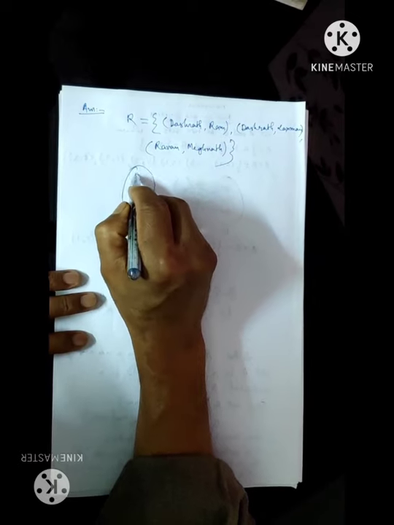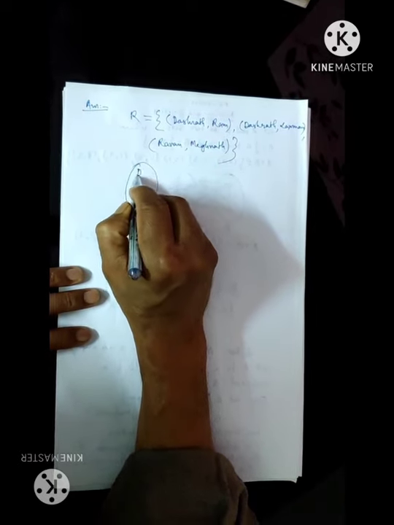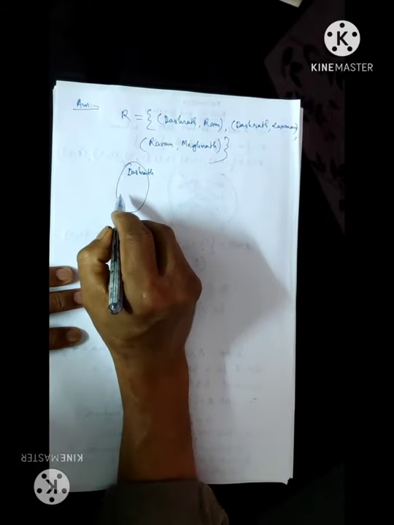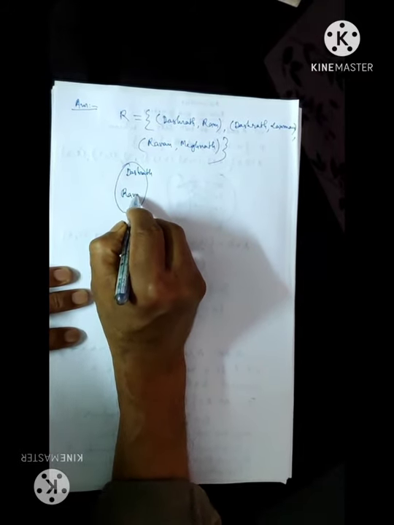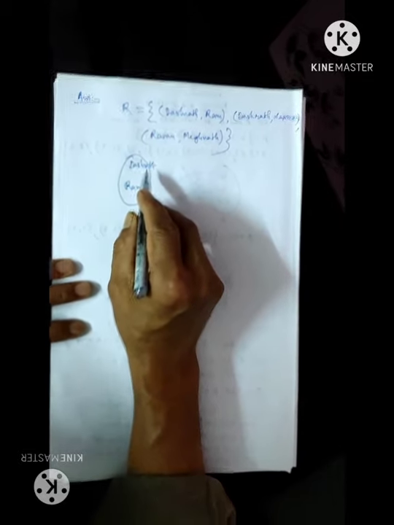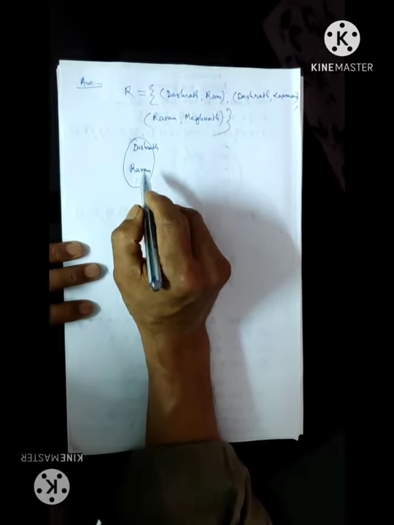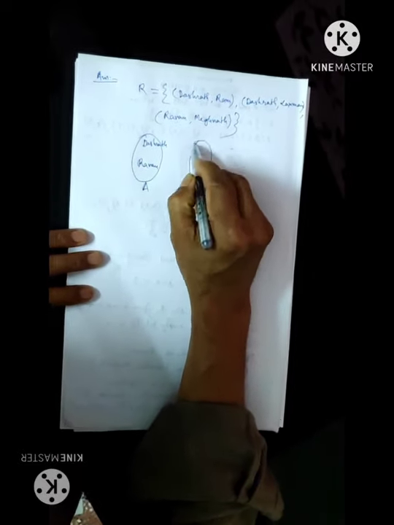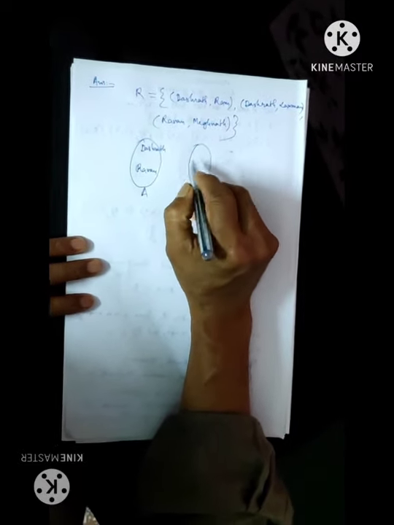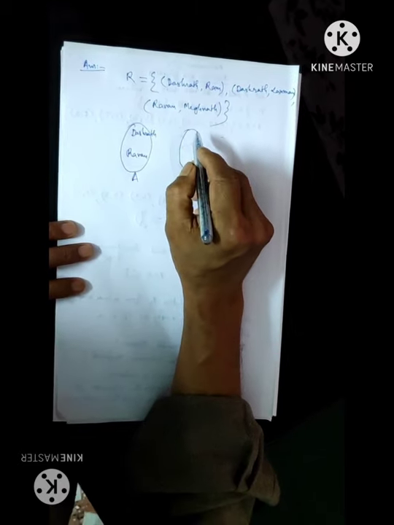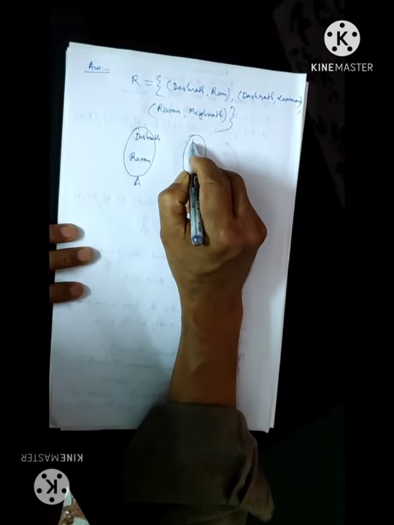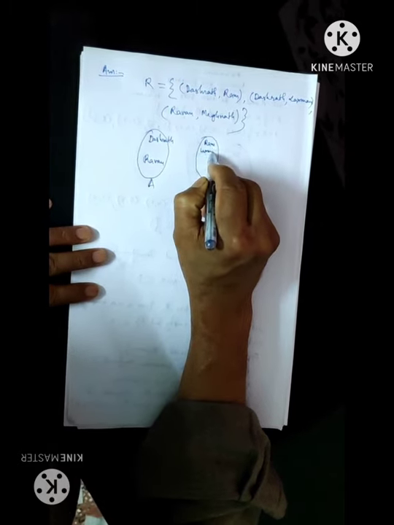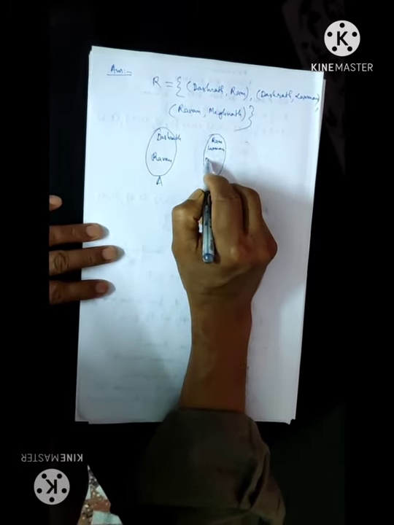Here Dasarath and Ravan, this is the set A, and the set B is Ram, Lakshman and Meghnad.